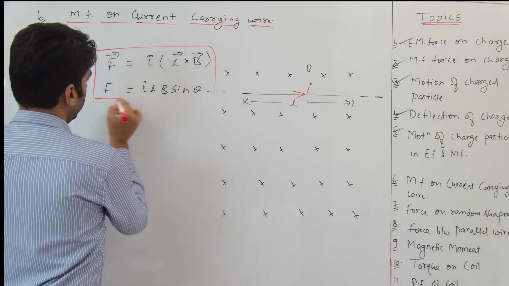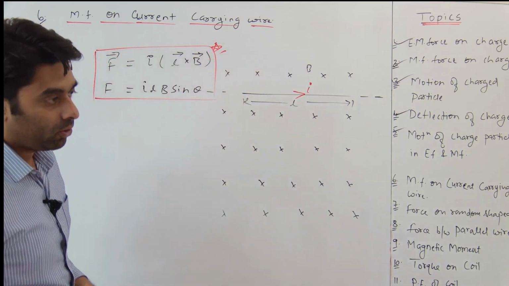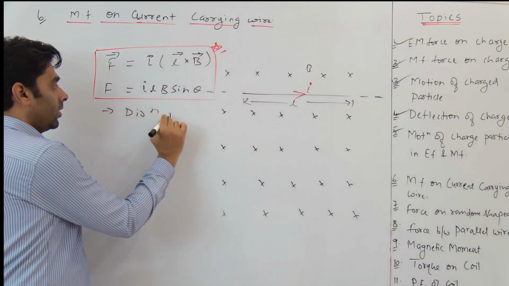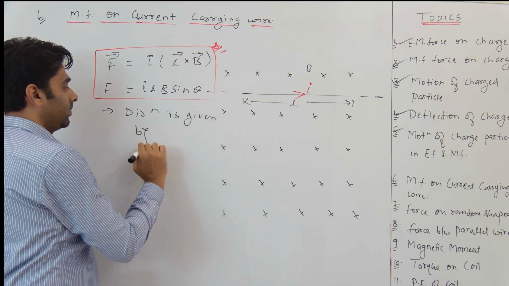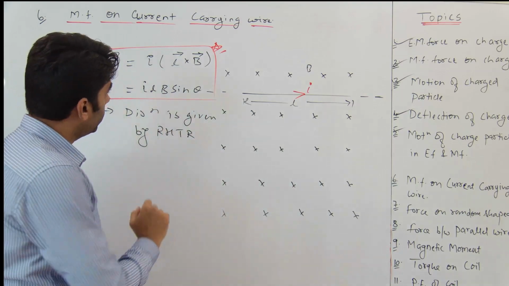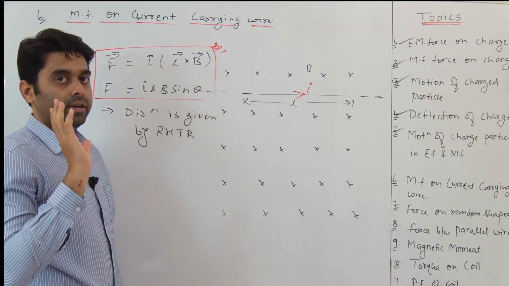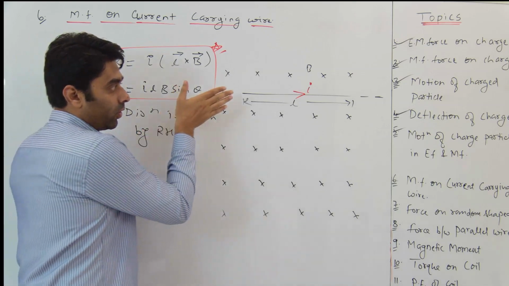This is the magnitude of the magnetic force on a current carrying wire. Now if we talk about the direction part, the direction is given by the right hand thumb rule. As you can see, the magnetic force is basically the cross product of length and magnetic field, so we can directly do L cross B. L direction is taken along the current.